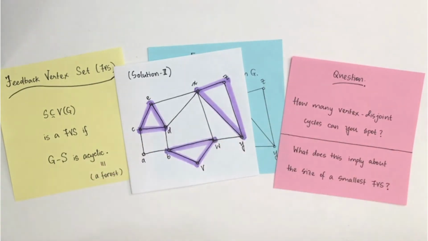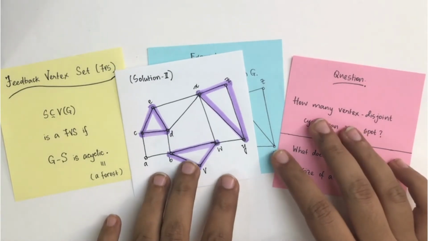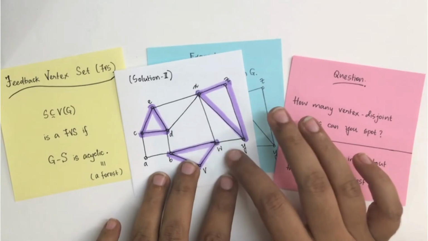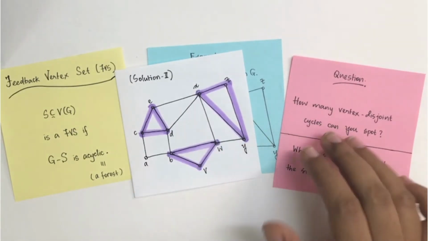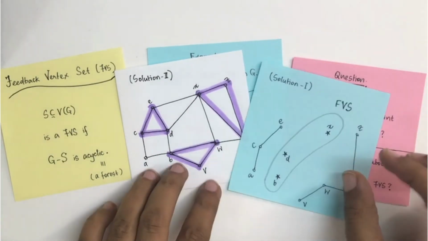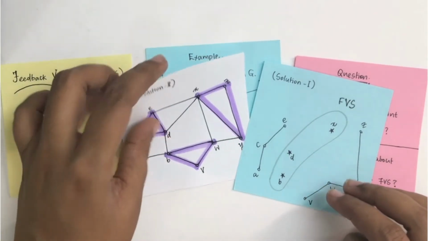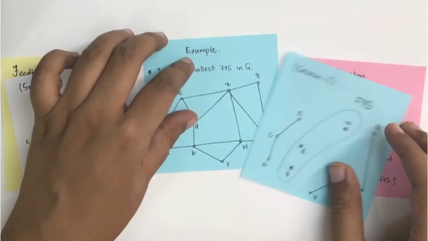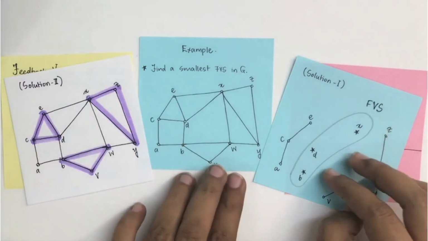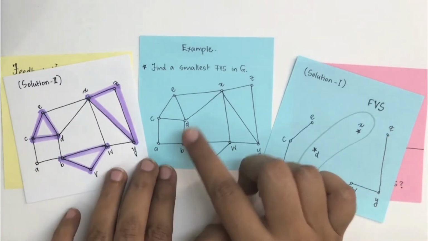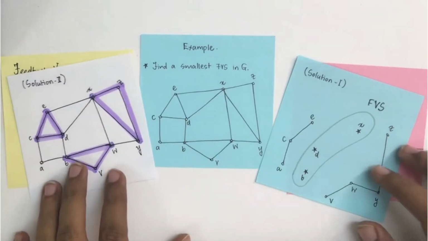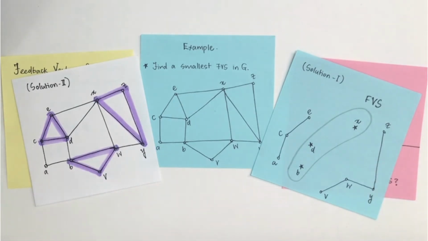Maybe if I drew them differently, you could have found 4 or more, and we'll get to that in a moment. So there are 3 vertex disjoint cycles, and it turns out that there's also a feedback vertex set of size 3. Let's make sure that I'm not cheating here by showing you the original graph as well. If you were to pick these 3 vertices, then you actually get a FVS.